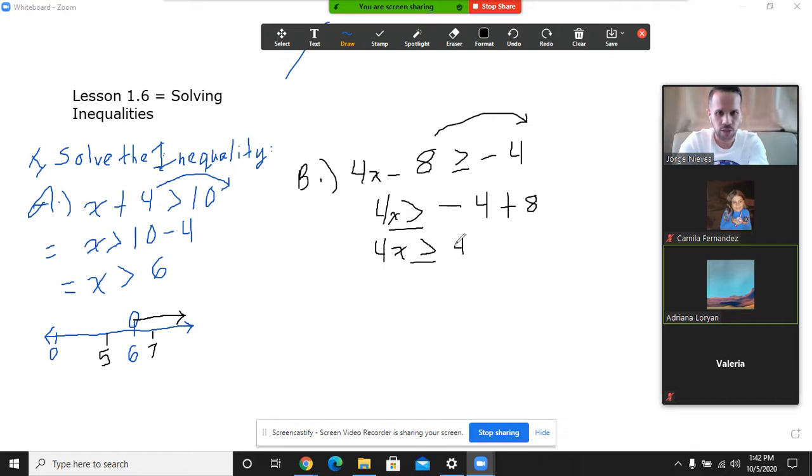That's 4. So I'm going to solve for x. That's going to be x is greater or equal than 1.